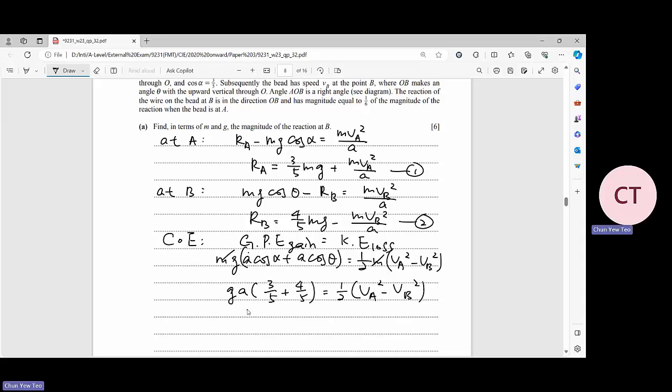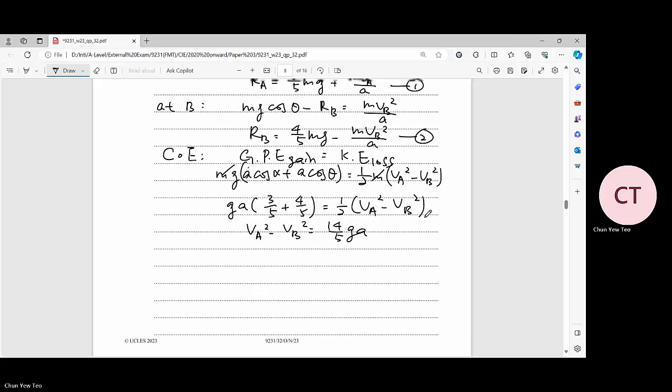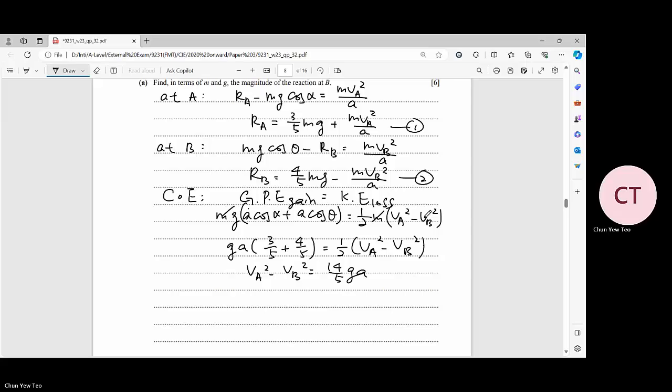Okay, so your VA square minus the VB square is equal to 14 over 5 gA. So, okay, this is the third piece of information that we have.